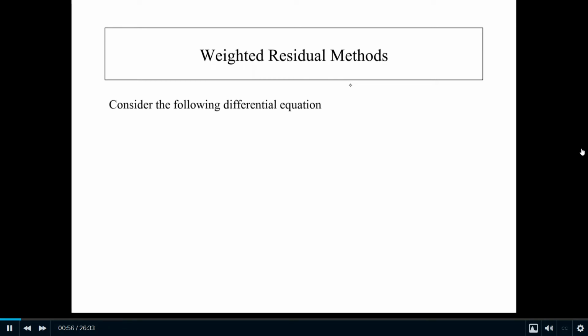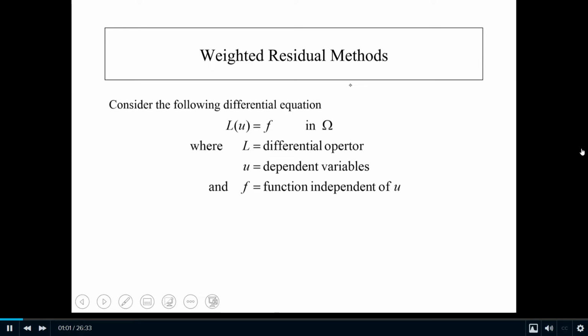So let's start with the equation. Suppose for your problem you have only an equation like this. L represents a differential operator. It could be order 4, it could be any order, it could be a partial derivative.